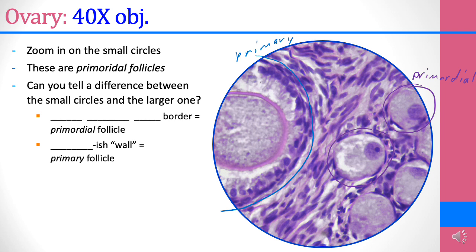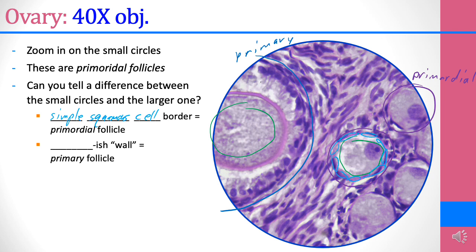Well, hopefully, of course you can. Note that the oocyte, the internal part, is about the same size. The oocyte maybe gets a little bit bigger as it goes to being a primary follicle. The main difference, though, is these cells around the follicle. They are simple squamous. We have a simple squamous cell border that makes this a primordial follicle.